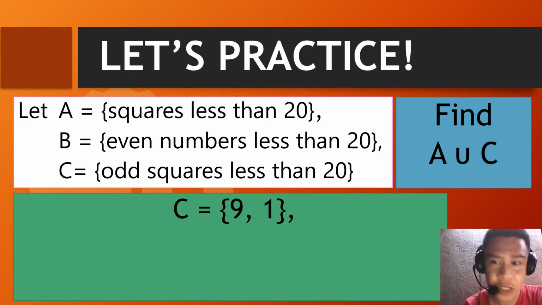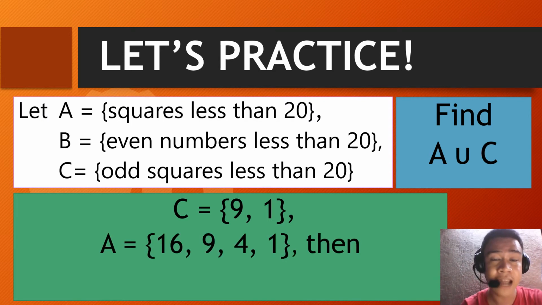We have, C muna. So odd squares less than 20. We have 1. We have 4. These are squares less than 20. 1, 4, 9, and 16. Pero hinahanap sa letter C is only odd.